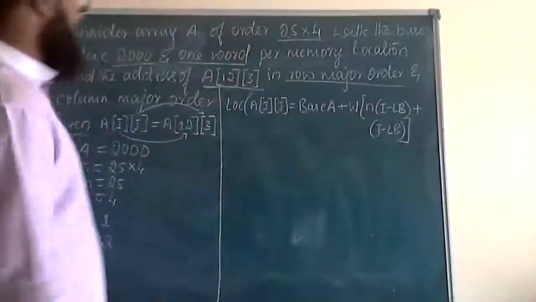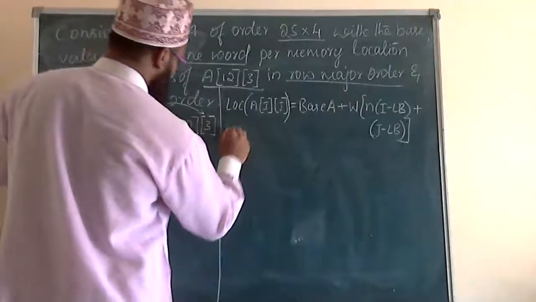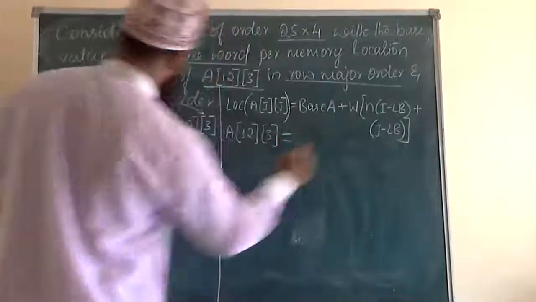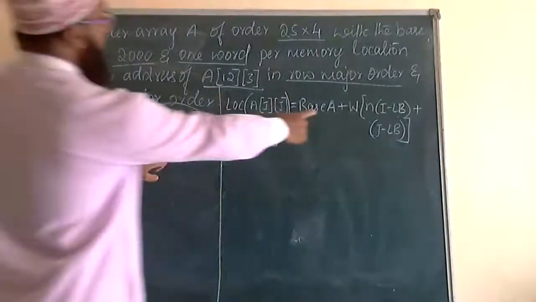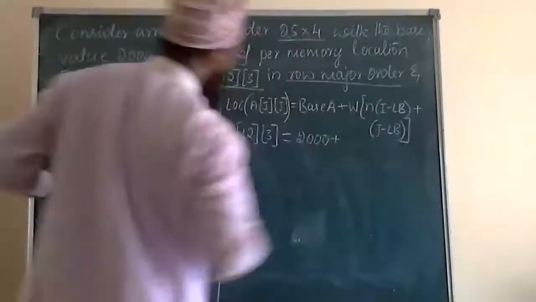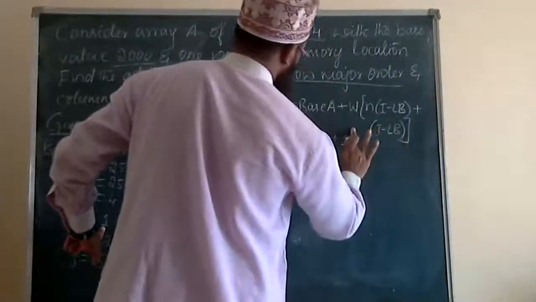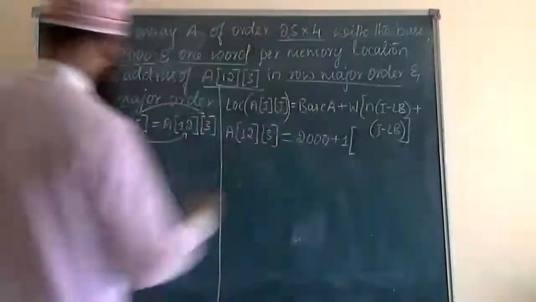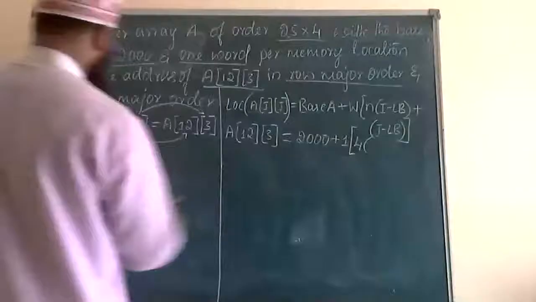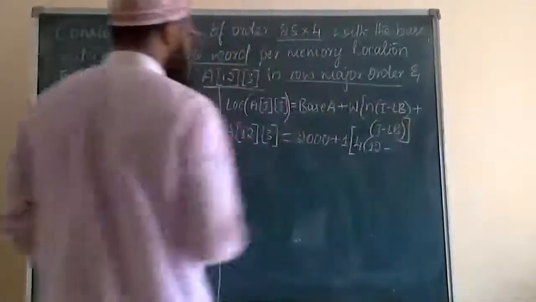Location of A of ij, which is equal to A of 12 into 3. Base A is 2000, plus W is 1, into N, N is 4, into I, value of I is 12, minus LB, lower bound.